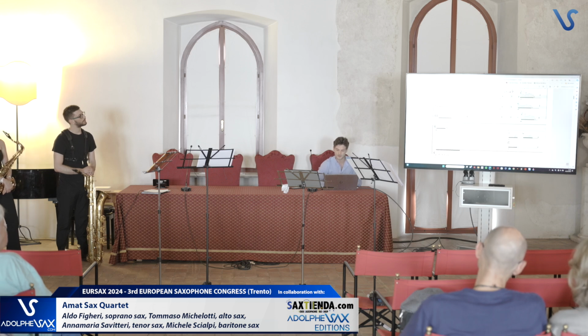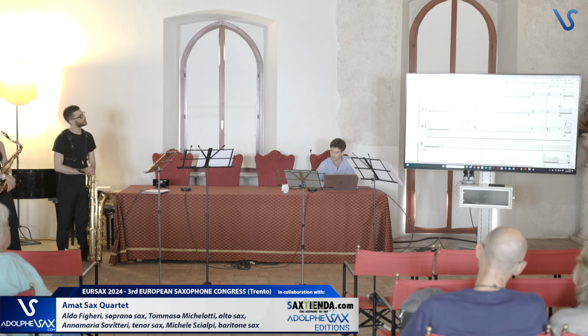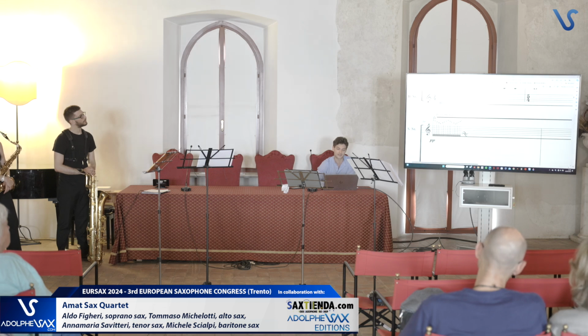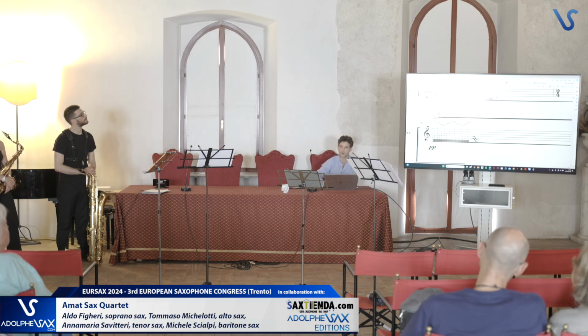But anyway, from bar 10, I asked myself what could happen if I don't assign to the soprano saxophone a normal high note, but rather a sort of whistle, you see these white triangles.